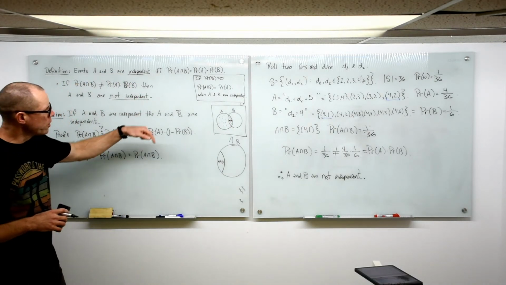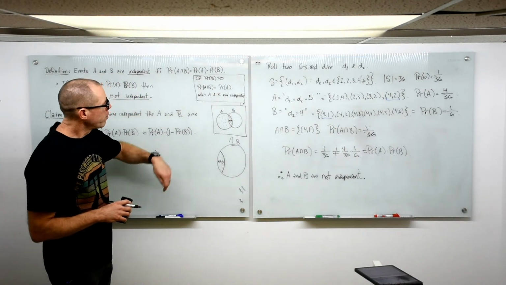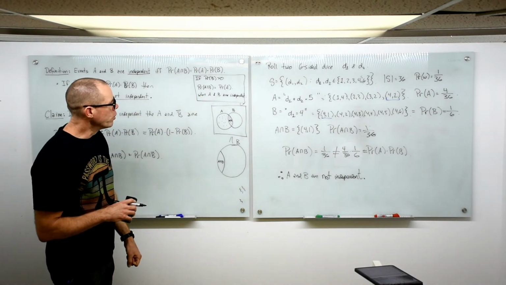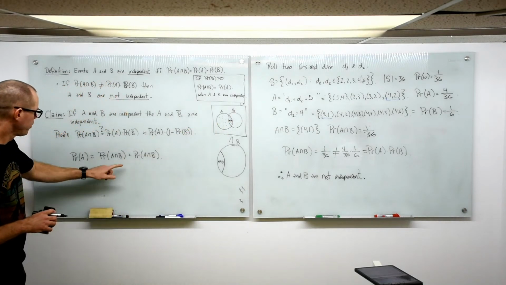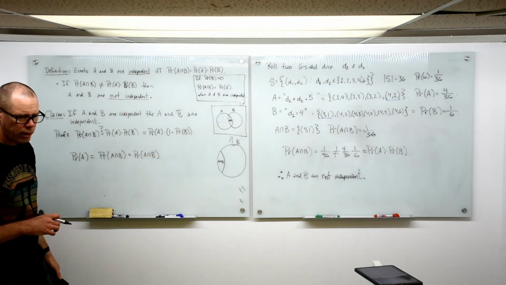Formally I'm using the sum rule here. I write the probability of A as the union of two sets, this part and this part.